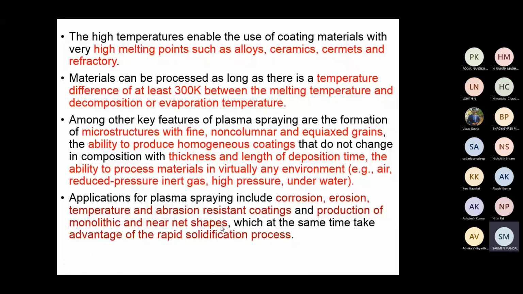So if you sometimes want to deposit a single layer of material, that is also possible, and near net shape, which at the same time takes advantage of the rapid solidification process.